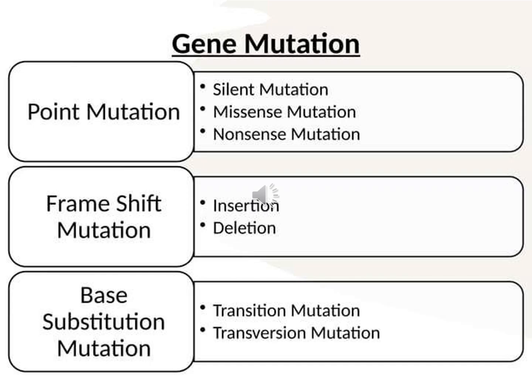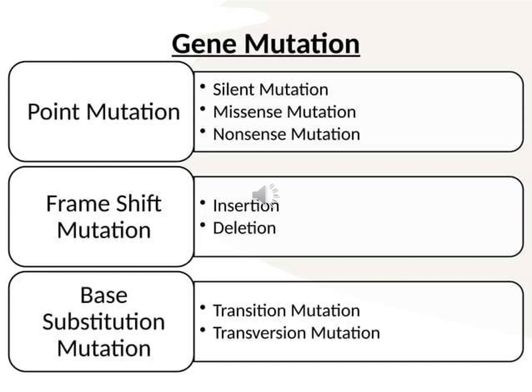Silent mutation means there is no change in amino acid due to codon redundancy. In missense mutation, one amino acid is replaced by another, which can alter the protein function. Nonsense mutation means a codon is changed to a stop codon, so a truncated protein is produced.